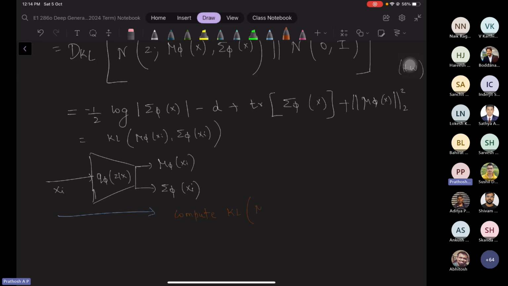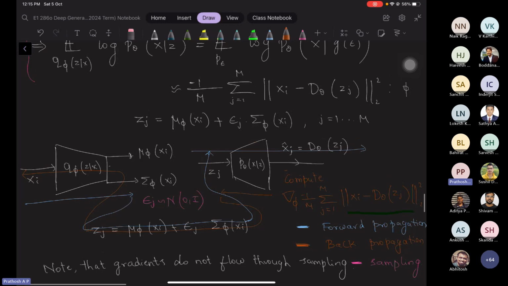Just compute this KL of mu phi of xi, comma sigma phi of xi, and then simply take the gradient, of course, and then simply back propagate it here.